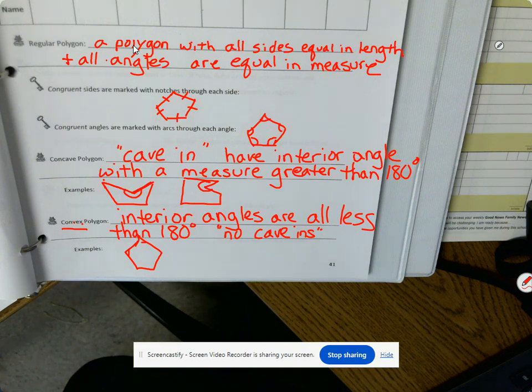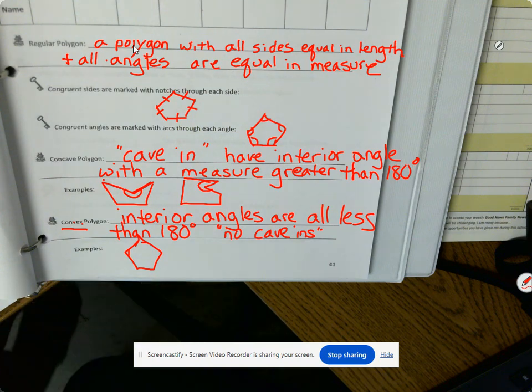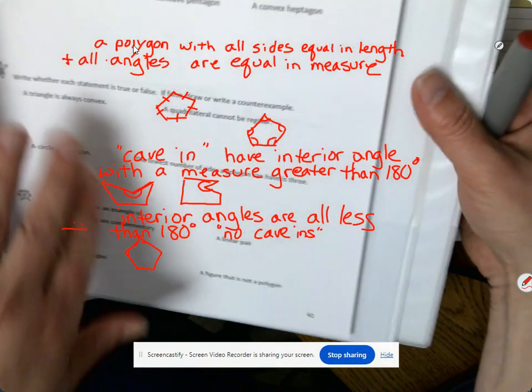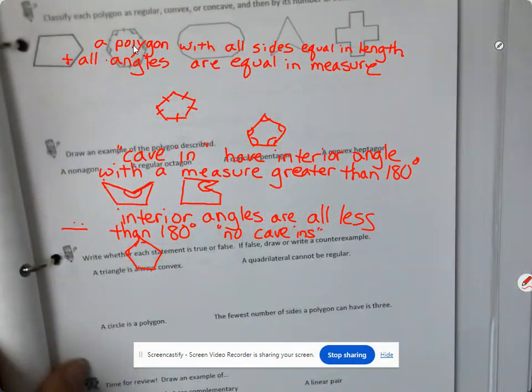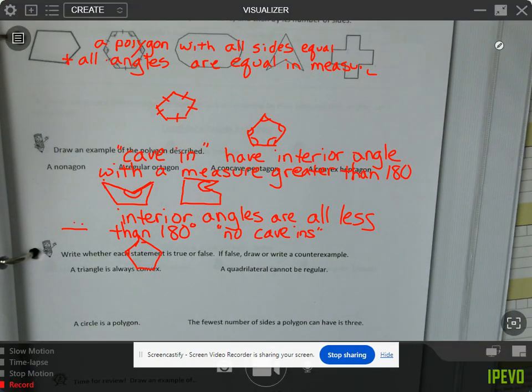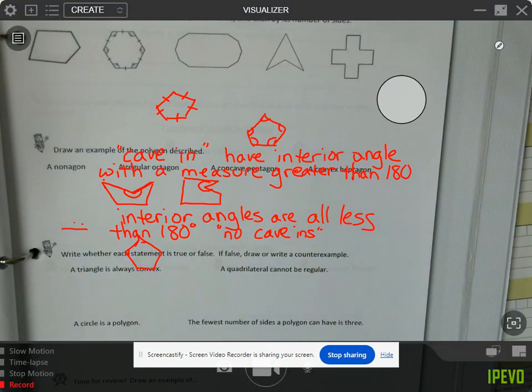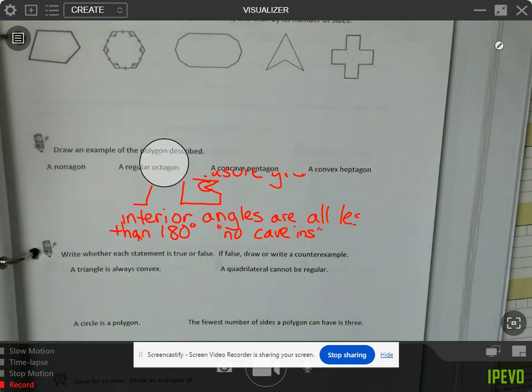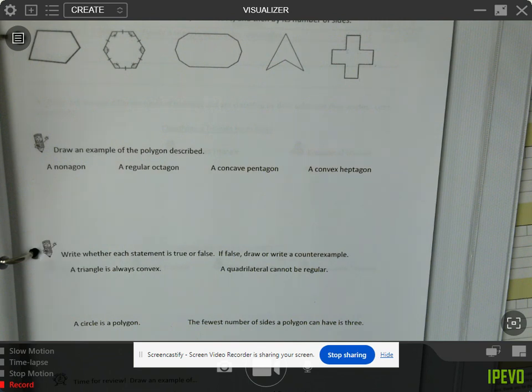Okay? So, for our homework, at the top, we need to classify each polygon as regular, convex, or concave, and then by its sides.